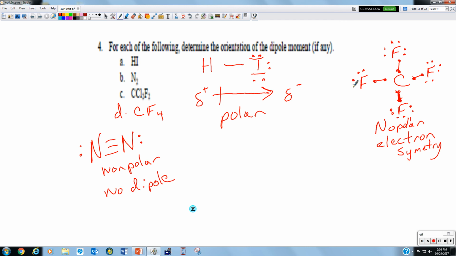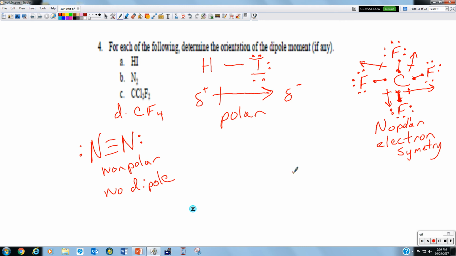And if we were drawing the individual dipoles, what you would see is carbon's going to represent a positive, fluorine's going to represent a negative, but ultimately these become equal and opposite and cancel each other out. So we don't have an overall dipole.